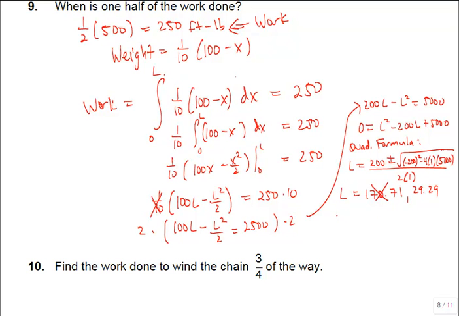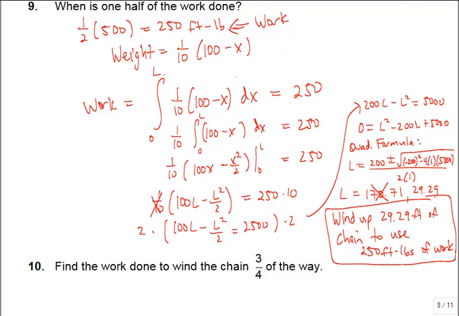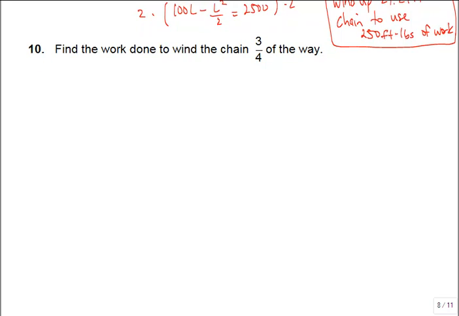So that means we need to wind up 29.29 feet of chain to use 250 foot-pounds of work. Okay? All right.